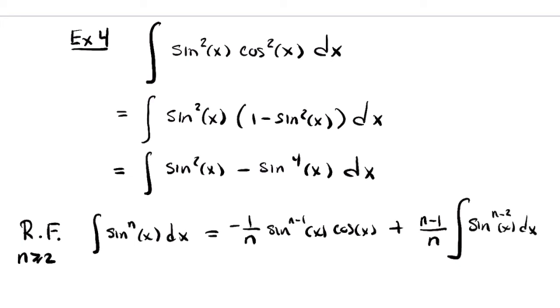So it's called a reduction formula because it lowers the exponent on sine by 2. It produces an integral in the formula, but the exponent has gone down by 2.